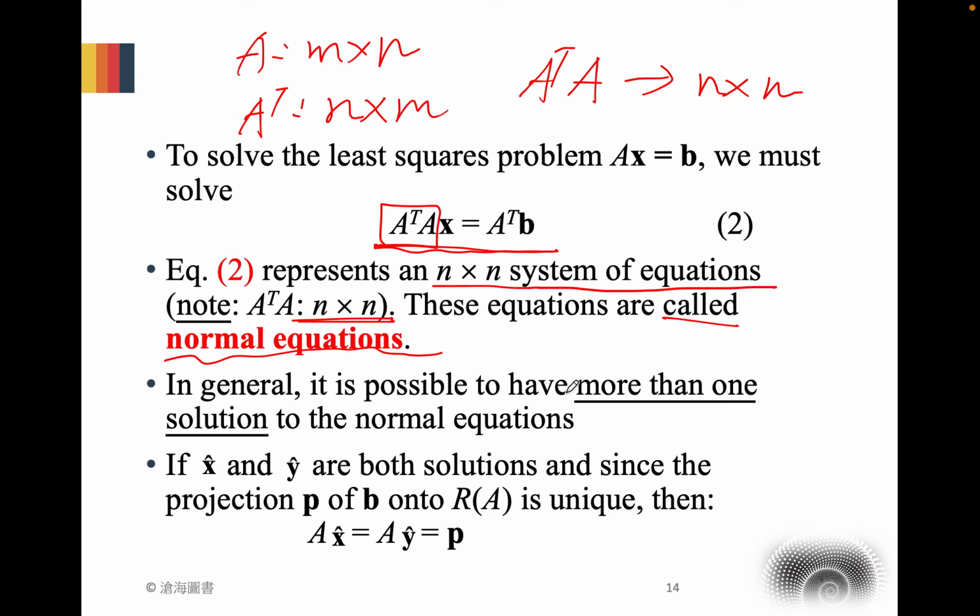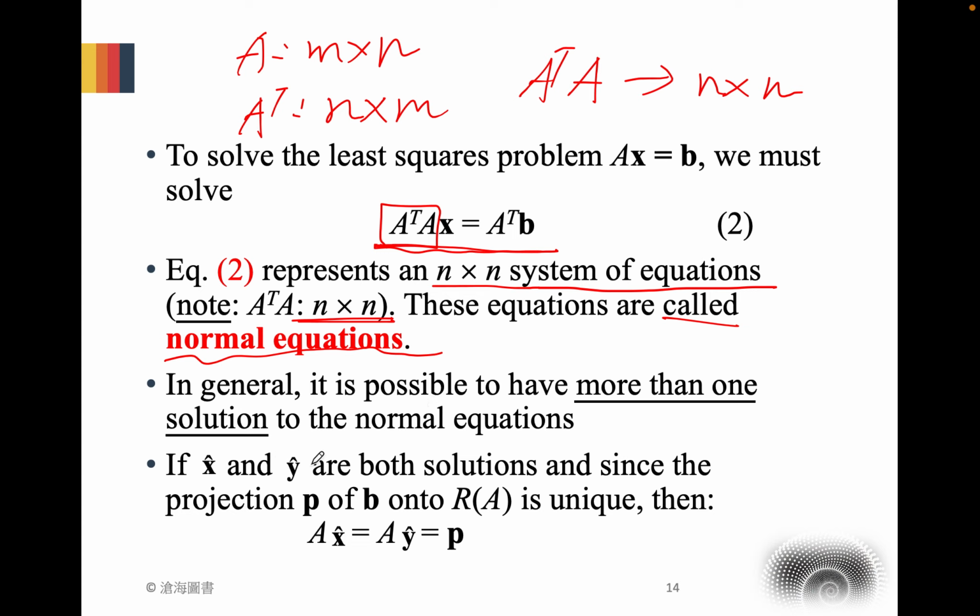And there may be more than one solution to the normal equation. But in the following, we will show you actually we only have one unique least square solution. That's here.